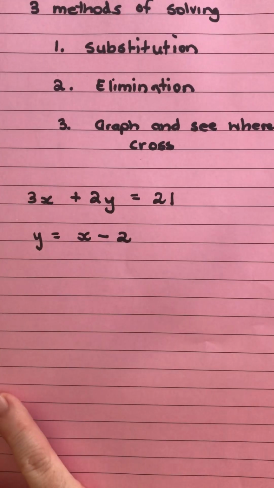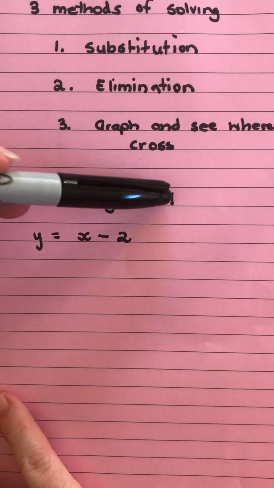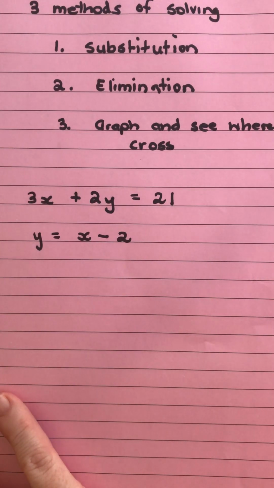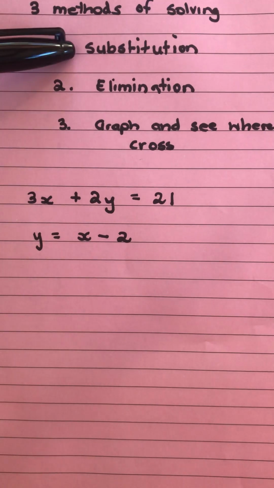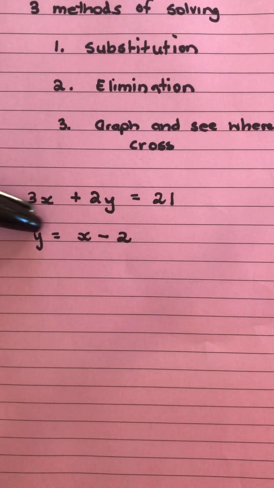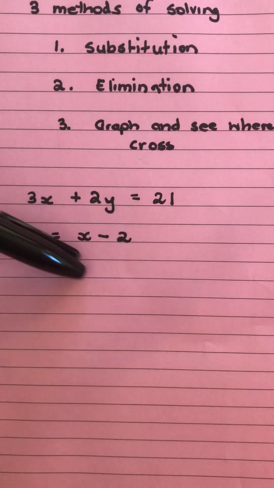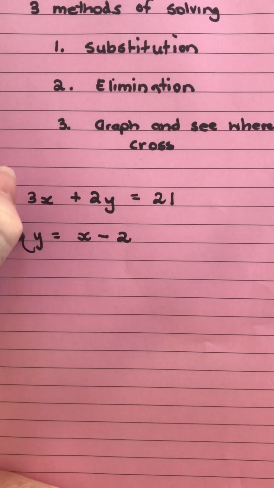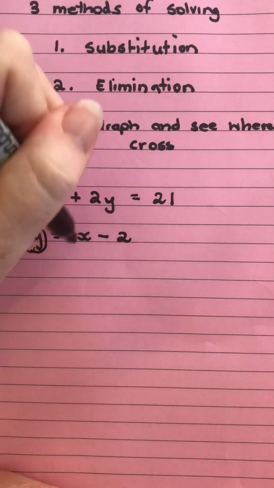So in this example, we've got 3x plus 2y equals 21, and y equals x minus 2. This is the substitution type because we have our y on its own, equal to something on the other side. Where we see that y, we're going to write x minus 2.